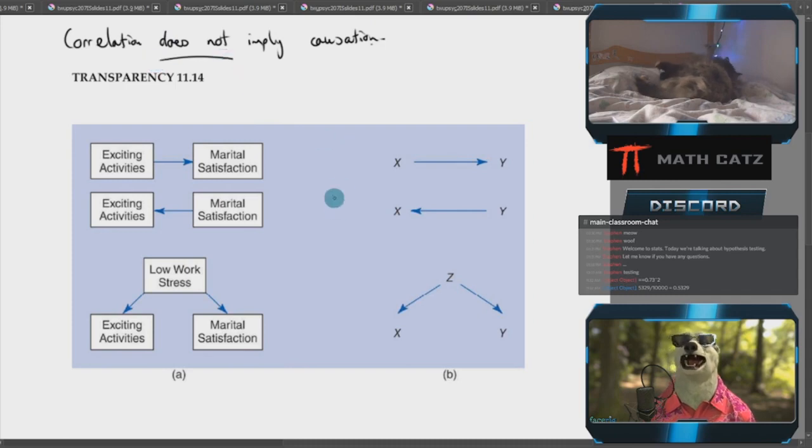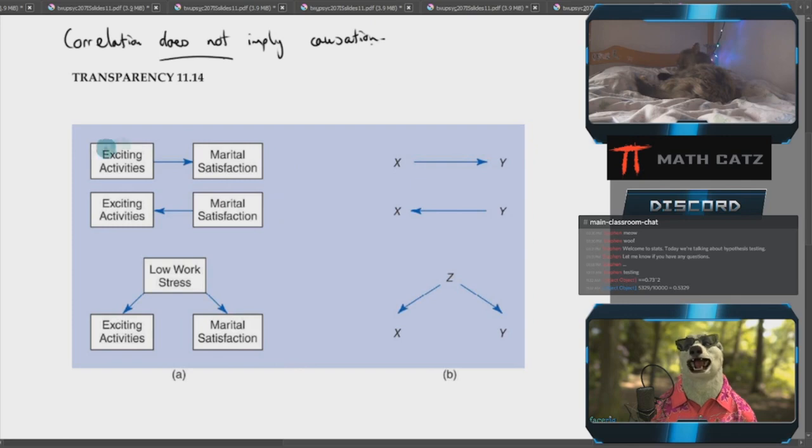For example, here's an example where we are investigating exciting activities, or the rating of how often a couple undertakes exciting activities, and then rating their marital satisfaction.